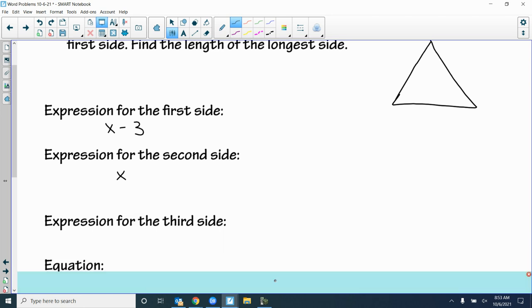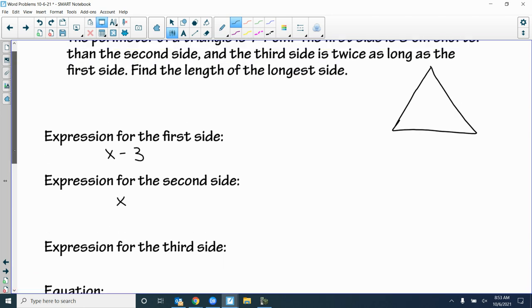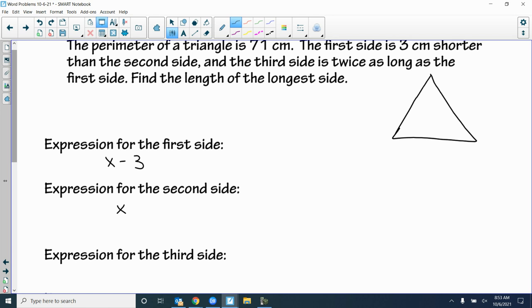All right, how are we going to label the third side? The third side is twice as long as the first side. Is that going to be multiplication, addition, subtraction? Multiplication.